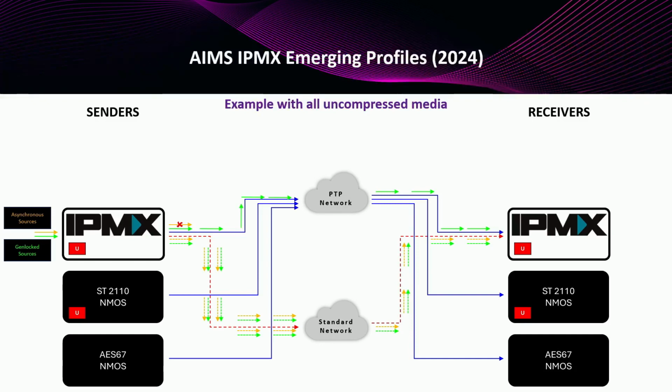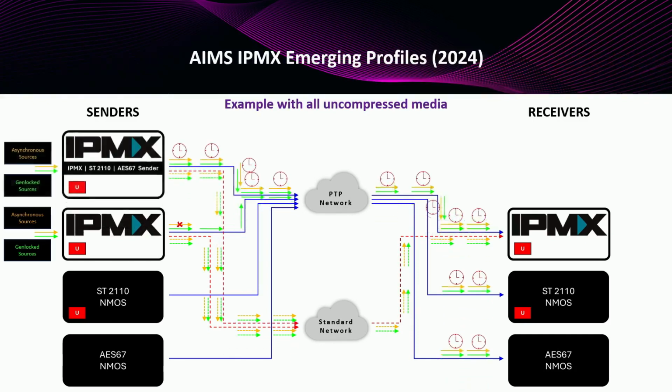What we added in the last year is the ability to document or have a profile in your IPMX sender that can deal with an asynchronous source and correct it so that it could feed IPMX, SMPTE 2110, and AS67 receivers with a PTP network.